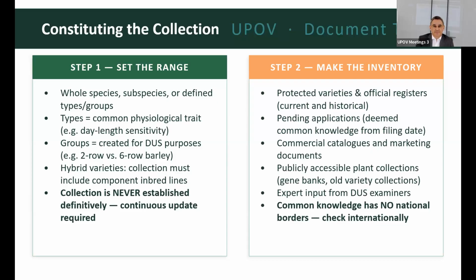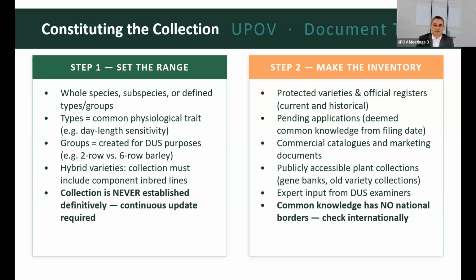To make an inventory, authorities rely on databases with protected varieties, applications filed, titles granted, as well as national listing catalogs, also collections that are publicly available, publications, and the walking libraries, and the expert input from DUS examiners and other crop experts.